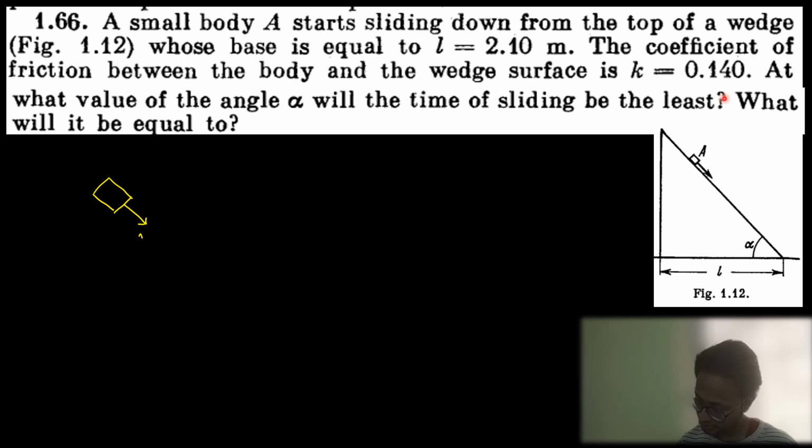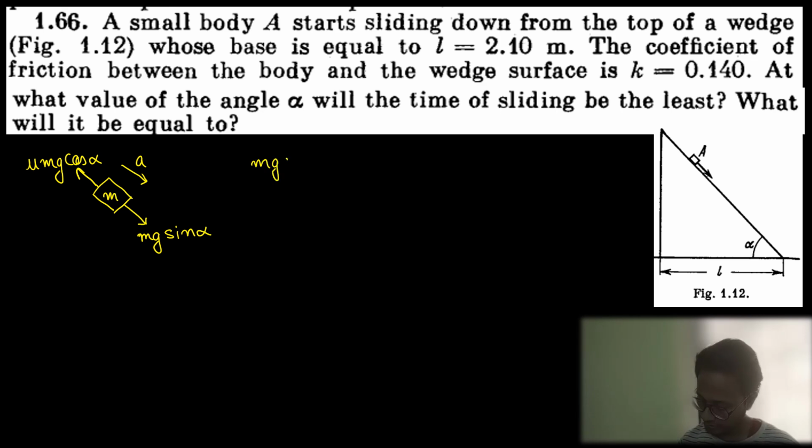Yes, friction force is there. So the forward force is mg sine alpha. The retarding force is how much? Mu mg cos alpha. And the acceleration is a, but the mass is m.